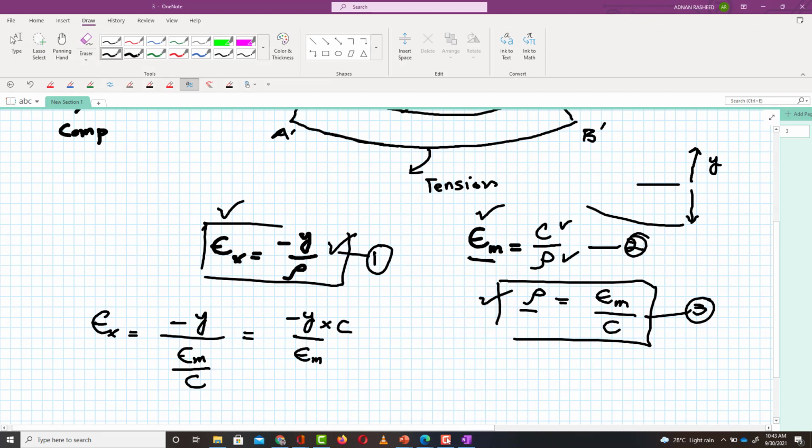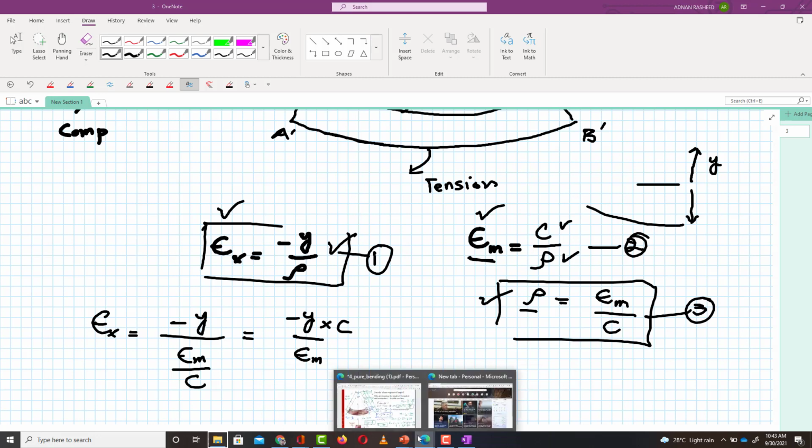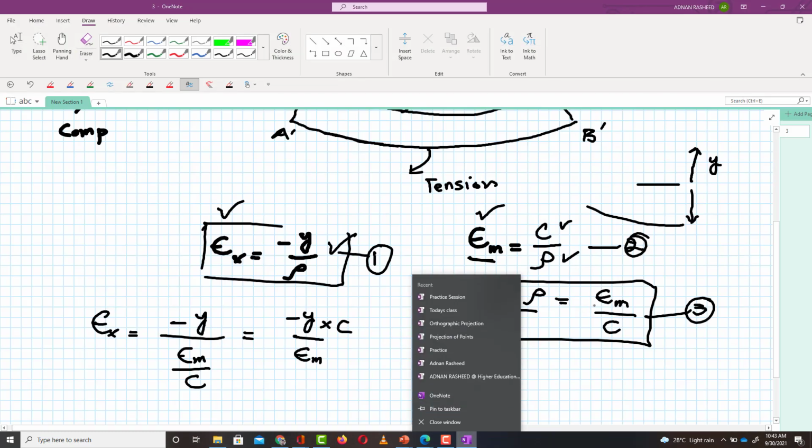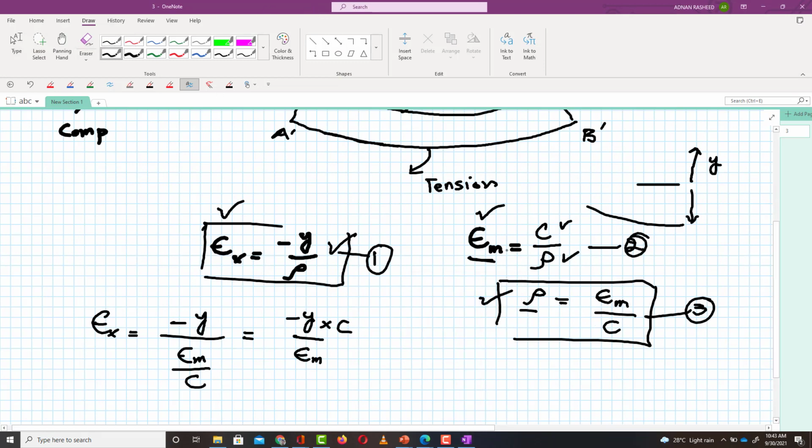And this rho is equal to c over epsilon m. We made a mistake over here. So you people are also sleeping. So this rho is equal to c over epsilon m.